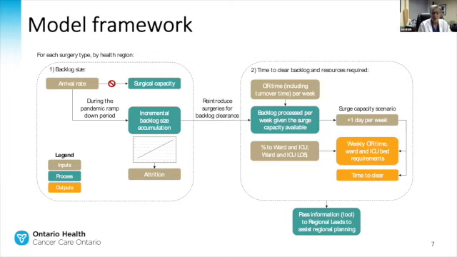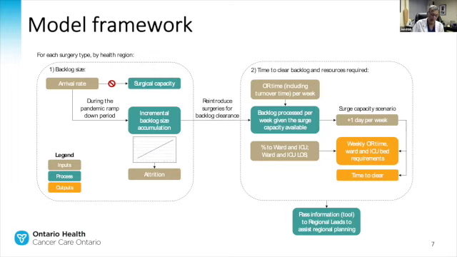In other words, it can be customized. On the left-hand square, you can see that this is really describing the backlog size. And on the right-hand square is the time to clear the backlog and the resources that are required.